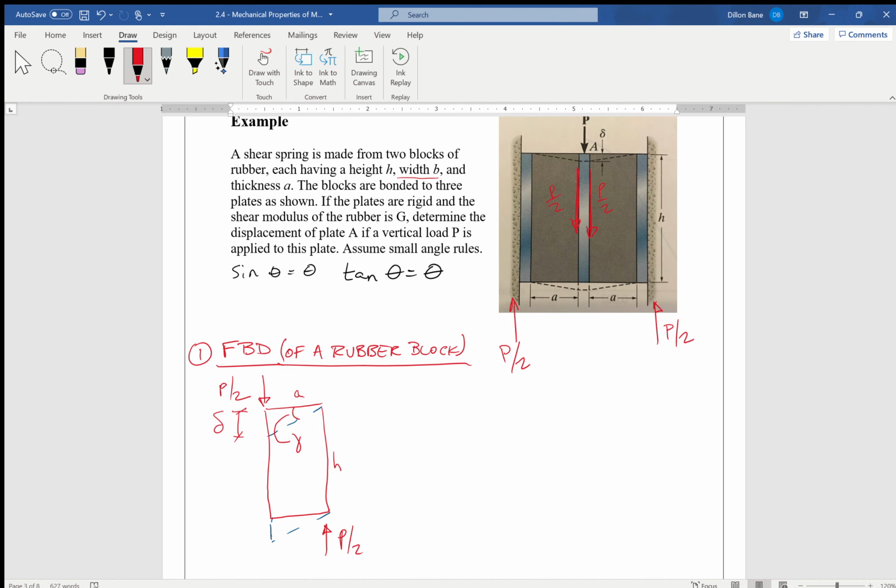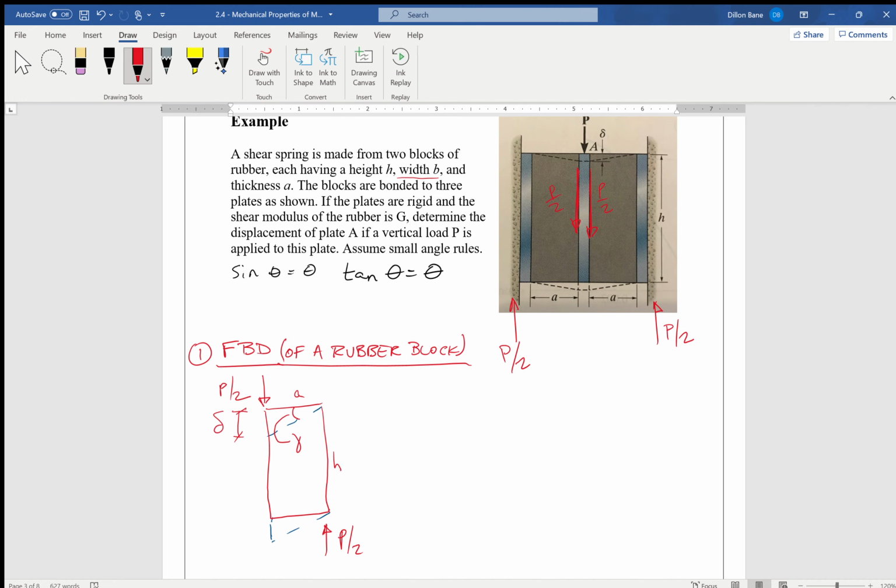We've got a material that is being displaced. Remember all the problems that we did when we were looking at shear strain. Shear strain is defined as the change in angle between two lines that were originally perpendicular to each other. The line A and the line H were originally perpendicular, a 90-degree angle right here.